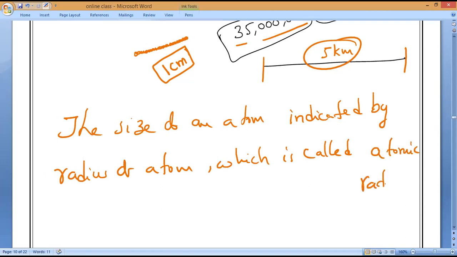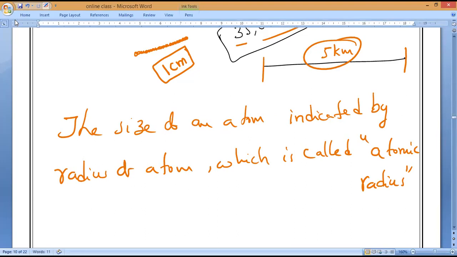All of you, atomic radius. Atomic radius. Any doubt?